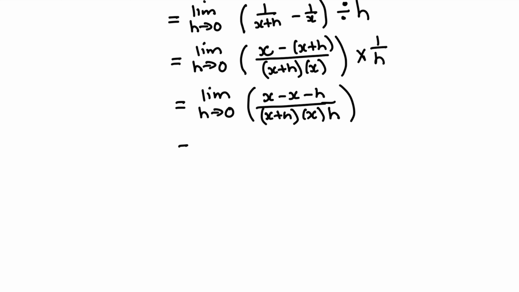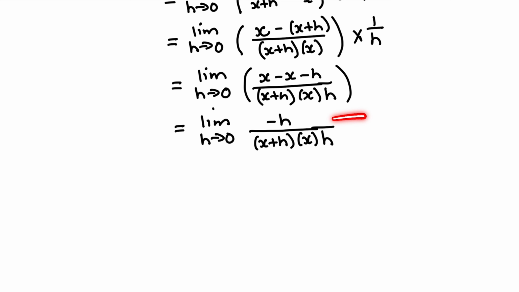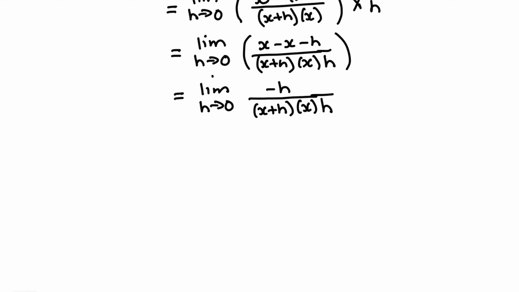Now for our next step, we have the limit of h towards 0. Remember, we can't substitute in with 0 yet because the whole thing then would be divided by 0, which is undefined. And in the numerator, we have x minus x, which is 0, and we simply have negative h over (x + h) times x times h. So now we have one term in the numerator and one term in the denominator.